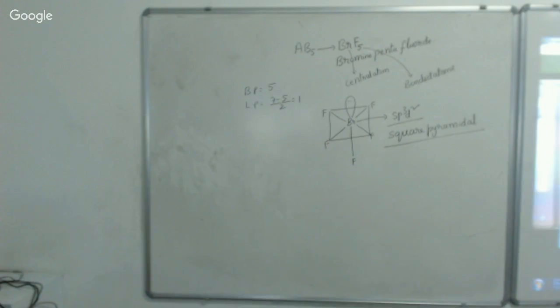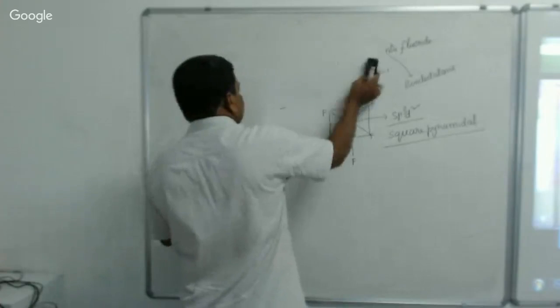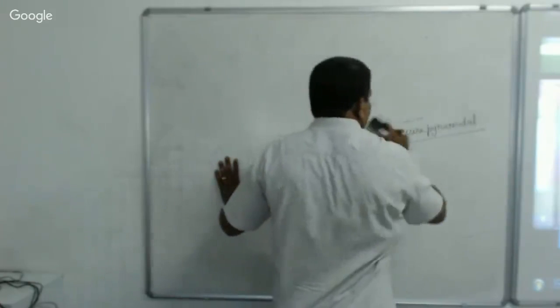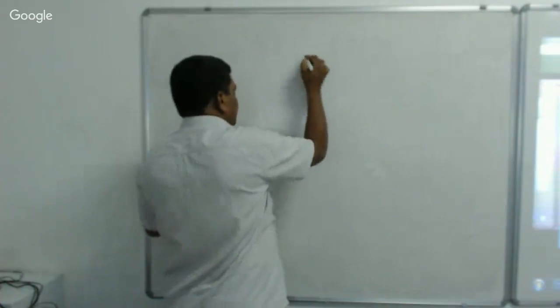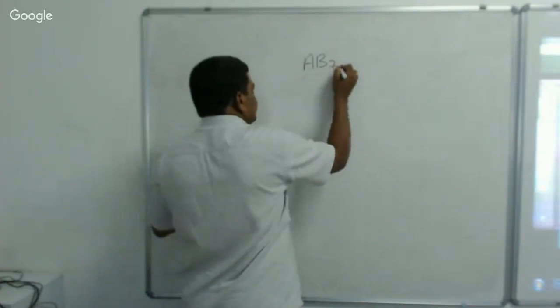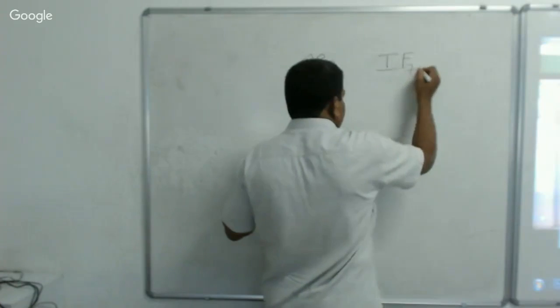Now last type, AB7 type. This is a well-known example you all know, IF7.